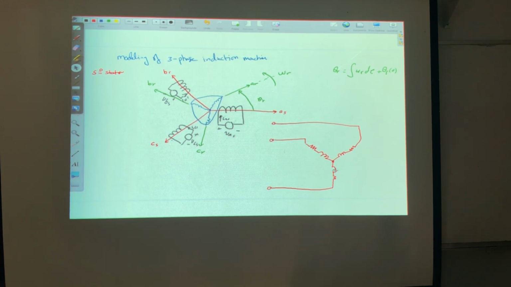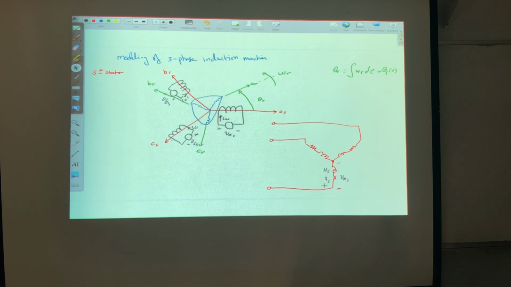So let's assume that this is the plus, the minus of VAS. So this will be the RS, this will be the NS. Now the R is what? RS is the stator resistance. NS is what? The number of the turns.